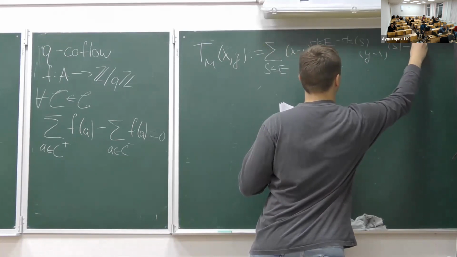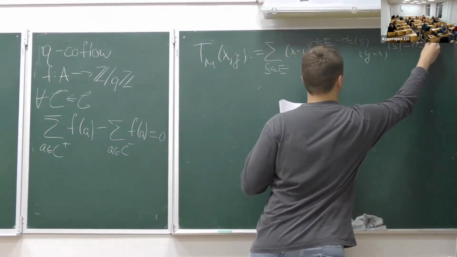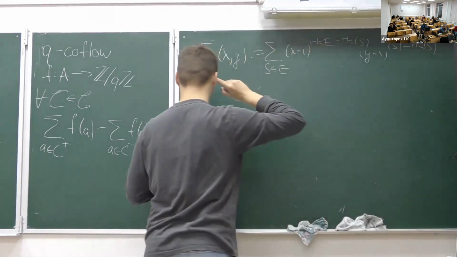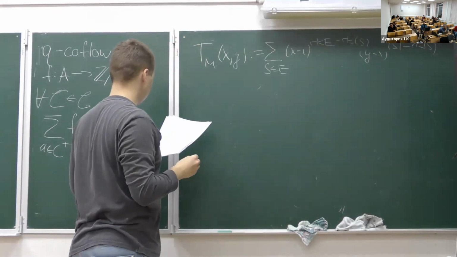This is the Tutte polynomial for ordinary matroids. It depends on two variables, x and y.